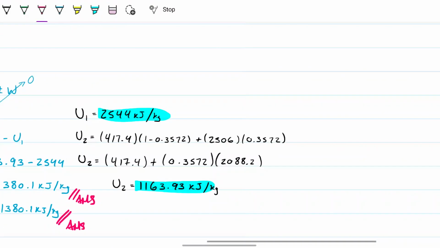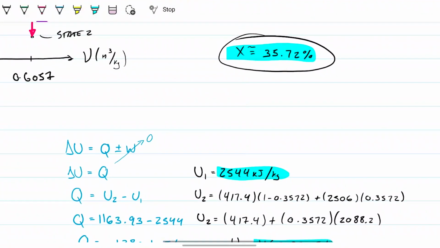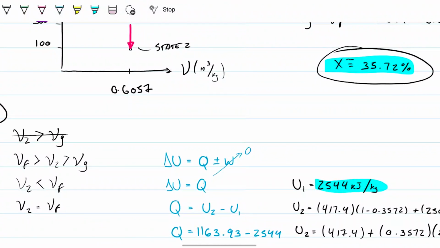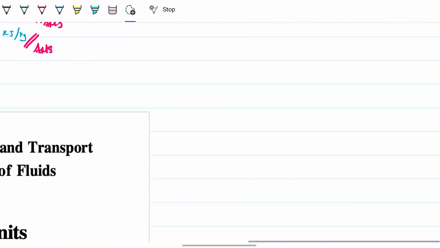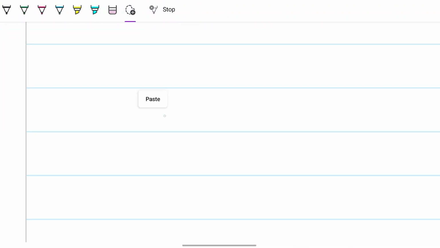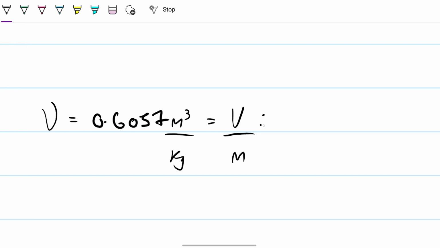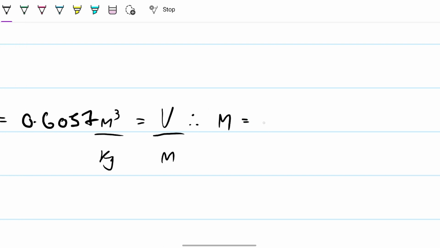How do we go about that? Well, the mass does not change. You can grab state 1 or state 2 because it's going to be the same, and we know the specific volume is this. So all we need to do is relate this back to its fundamentals. Specific volume is meters cubed per kilogram, therefore this is volume by mass. If I want the mass, all I need to do is take the volume and divide by the specific volume.